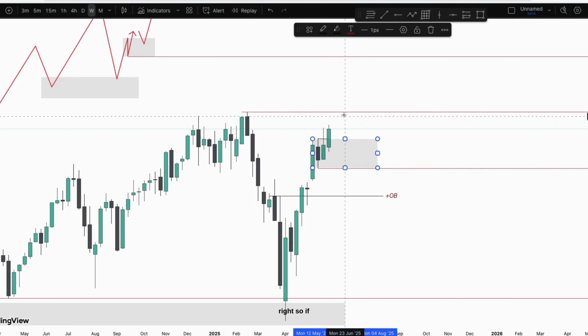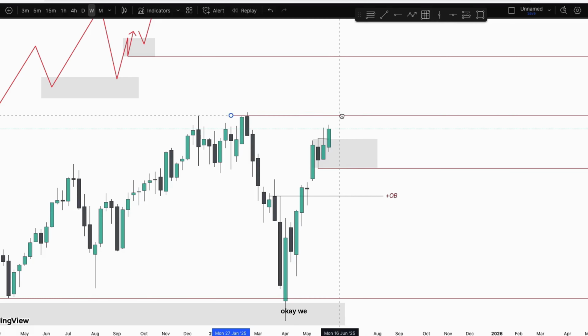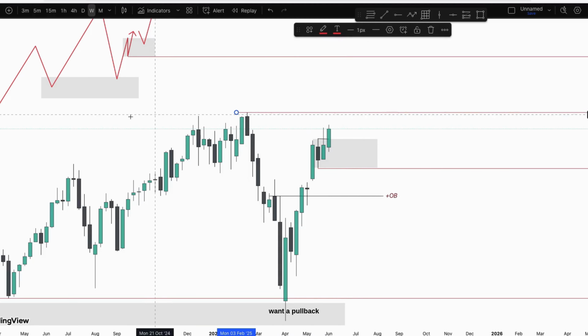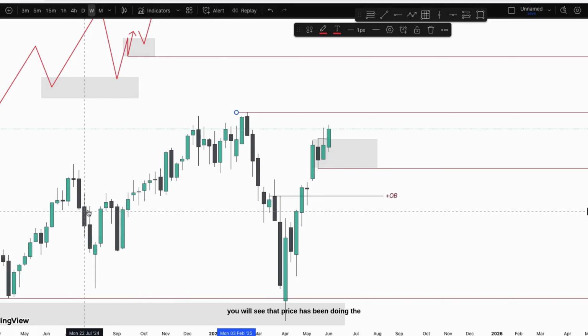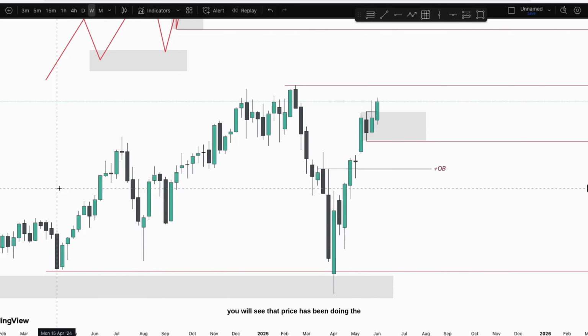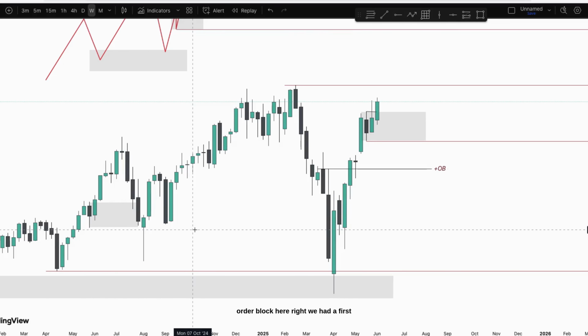So if price is going to get to this high here, okay, we want a pullback into these levels and price push up here. If you go back and look at the previous price, you will see that price has been doing the same thing, all right? Look at this. We had this order block here, all right?